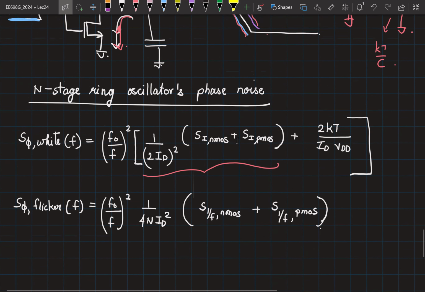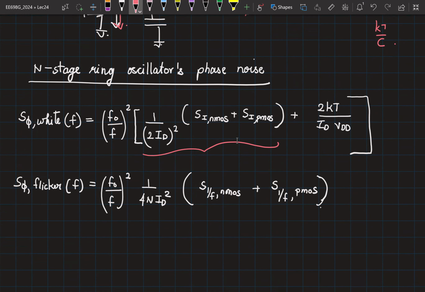Alright, so let's quickly look at what each of these parameters are. F0 is the oscillation frequency. F is the offset frequency. Do you remember what is the offset frequency? Feel free to refer to your notes.